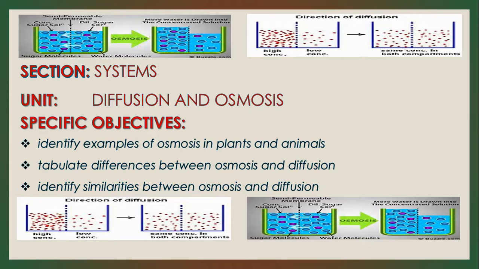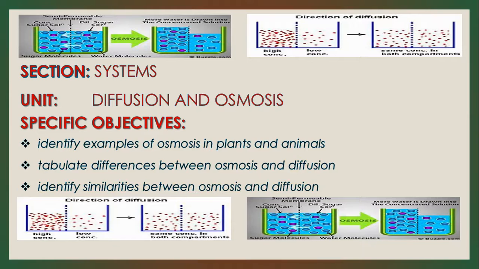Okay. In today's lesson, under specific objectives, we want to, one, identify examples of osmosis in plants and animals. So that's what I'm expecting from you. Two, tabulate differences between osmosis and diffusion.